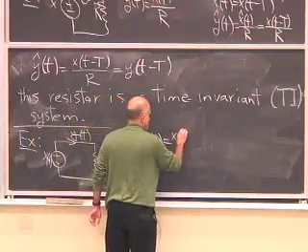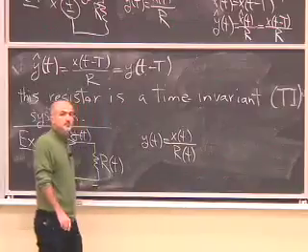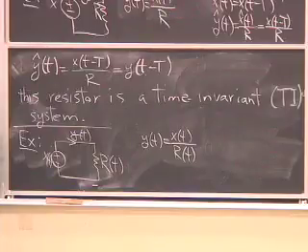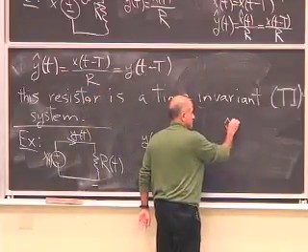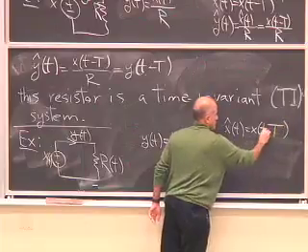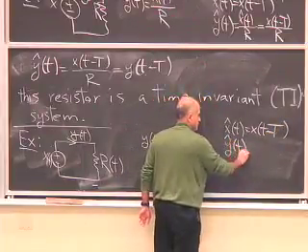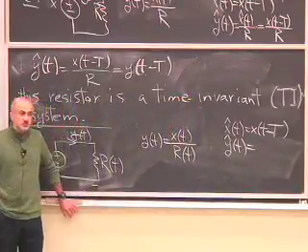X of t over R of t. Okay? Can you tell me if this system is time invariant? What happens if I shift the input signal? What's the corresponding output? You've got to be very careful about what you shift.